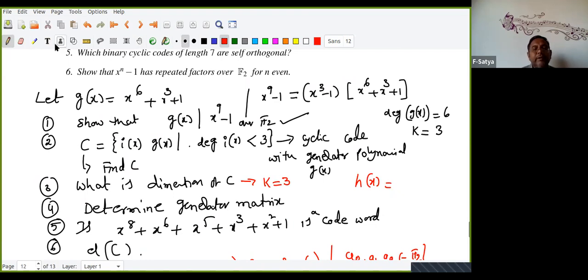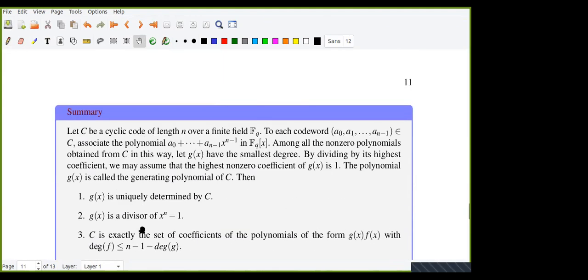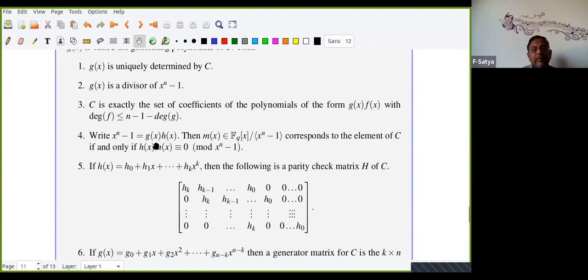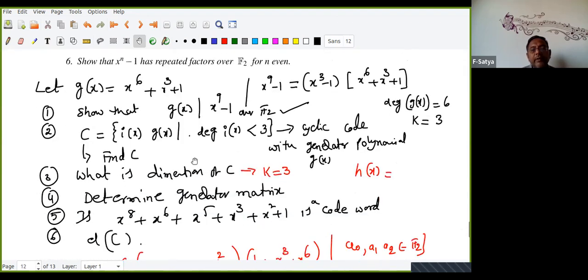You know that h of x into g of x equals x power n minus 1. Can you tell me h of x now?